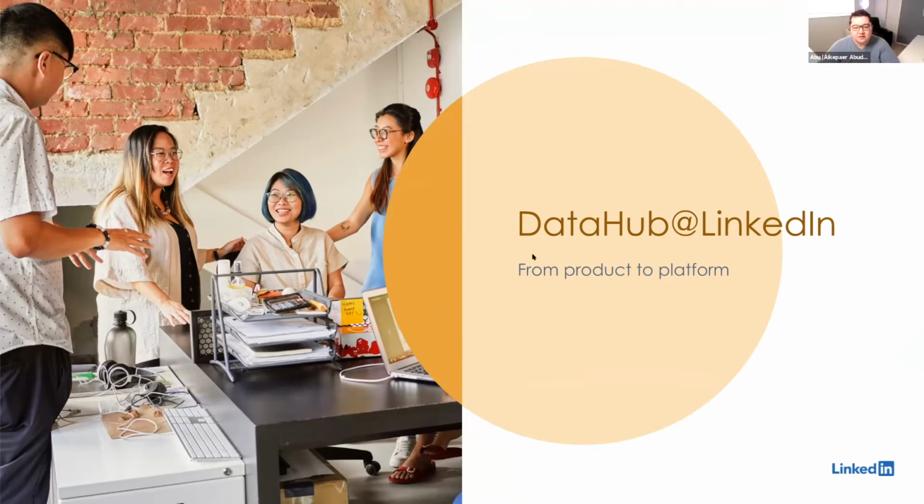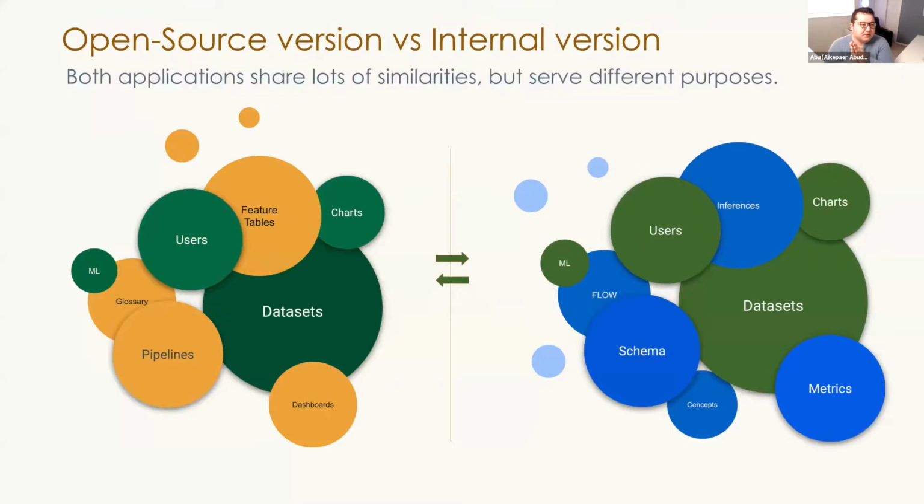Hey everyone, my name is Abu. I'm a UI architect from LinkedIn. So you know DataHub is an internal project we incubated in LinkedIn, and we open sourced that to the community. But for the past couple of years, we're still maintaining our internal version because we still have internal asks and requirements.